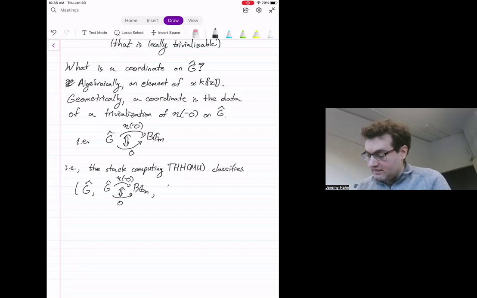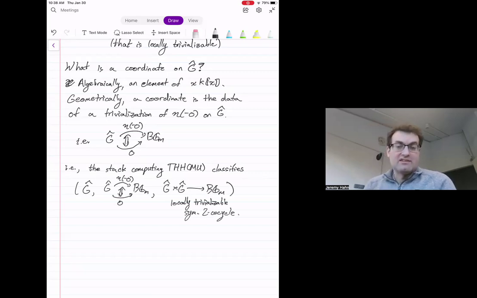And then we have a locally trivial symmetric 2 cocycle. And that's some kind of description.